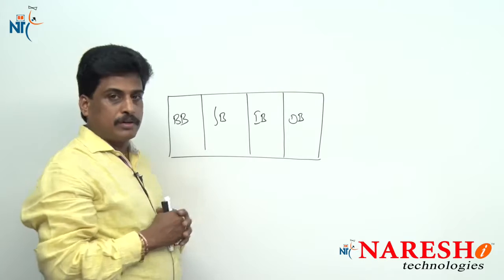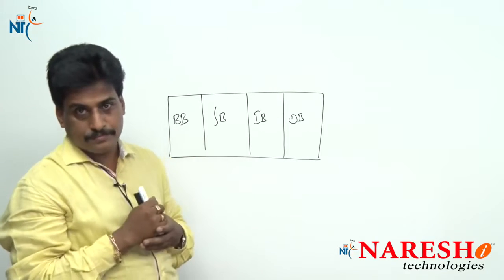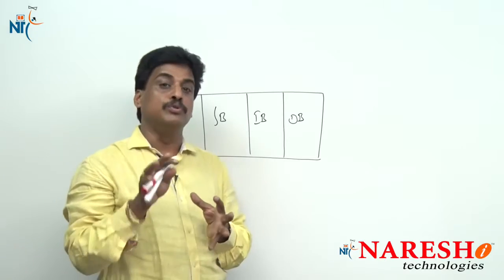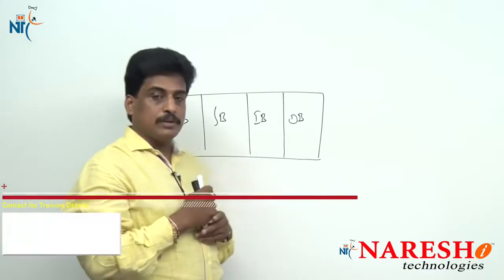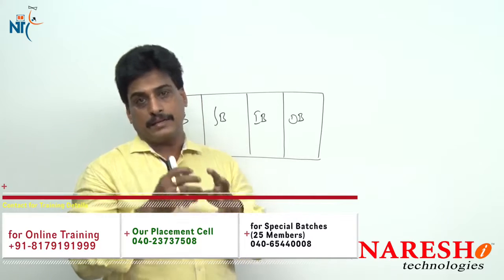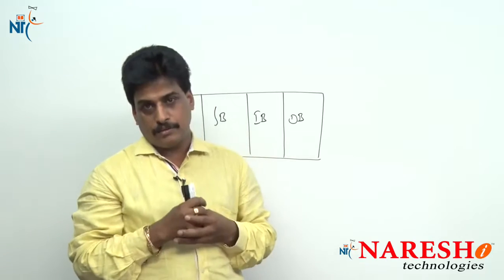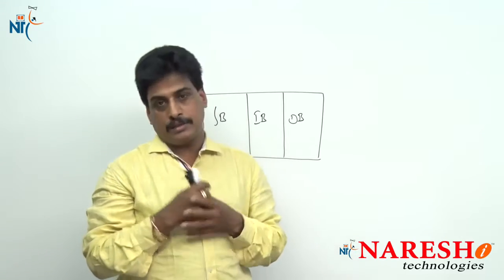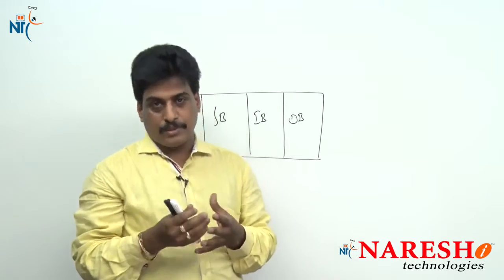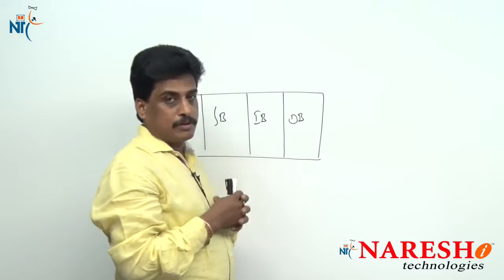What is boot block? It contains all bootable objects which are required to boot the system. Second one, super block. It contains file system related information, like how many blocks are allocated, how many blocks are unallocated, file system, file type, all the information available in the super block.